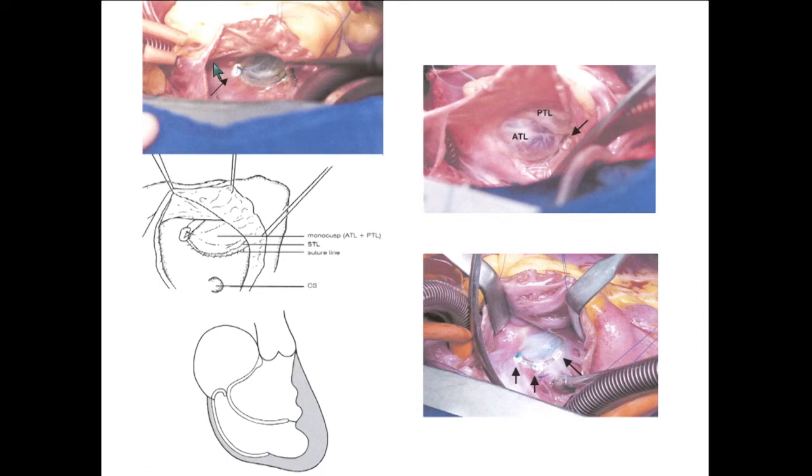The arrow indicates a pledget suture position to reinforce the running fixation suture. And this one is the creation of a bicuspid atrioventricular valve, anterior and posterior leaflet. And this one is a monocuspid valve using the anterior leaflet.